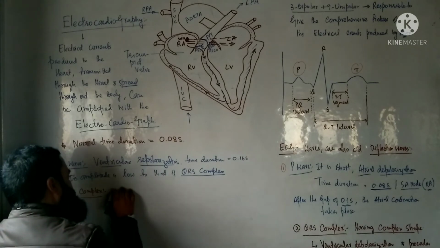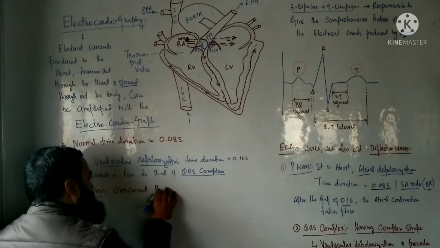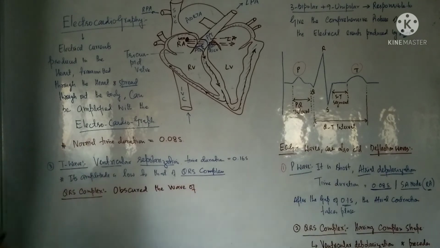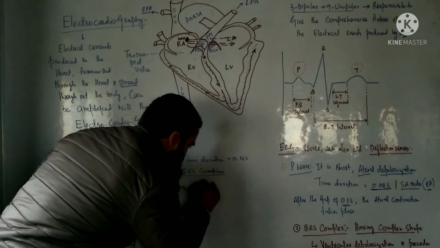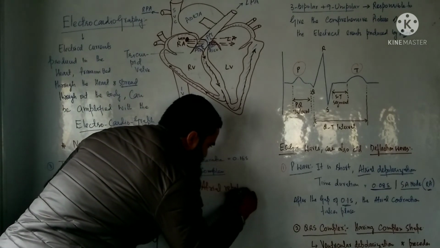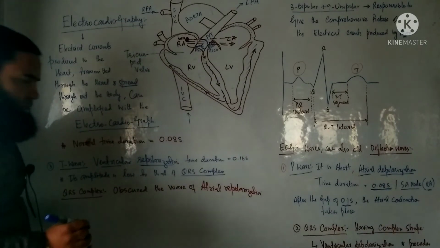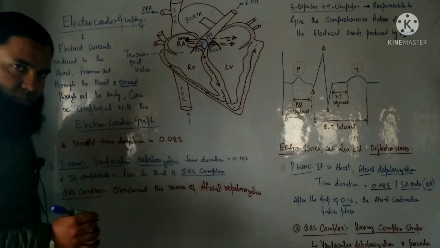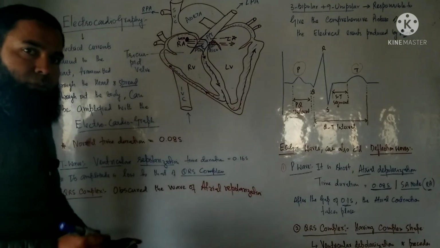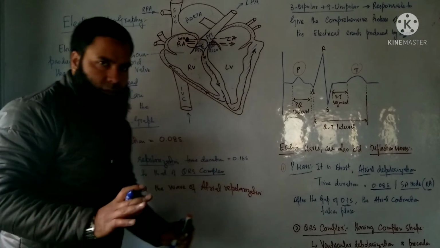So the QRS complex obscures the wave of atrial repolarization, as the atrial repolarization produces a very minute wave. The QRS complex produces a wave which is dominant over the wave produced by the atrial repolarization.